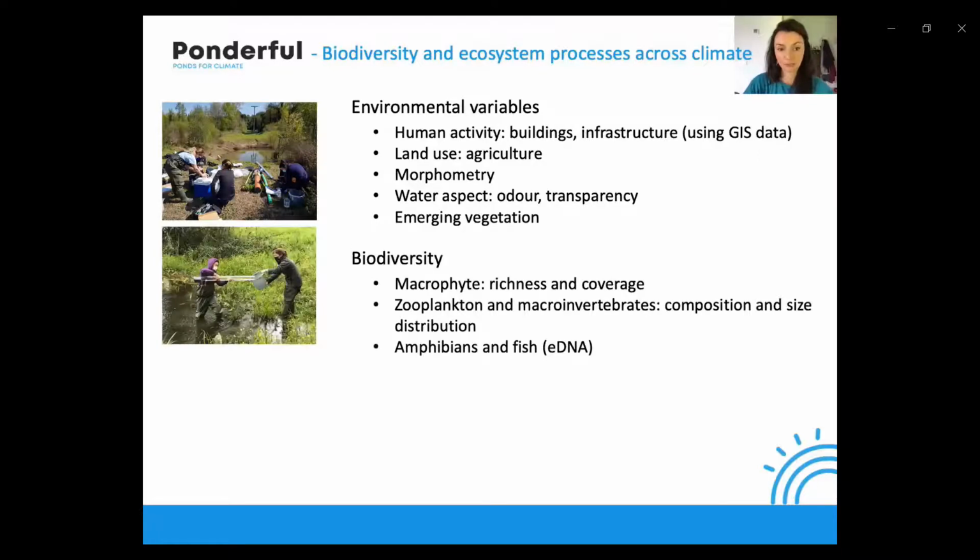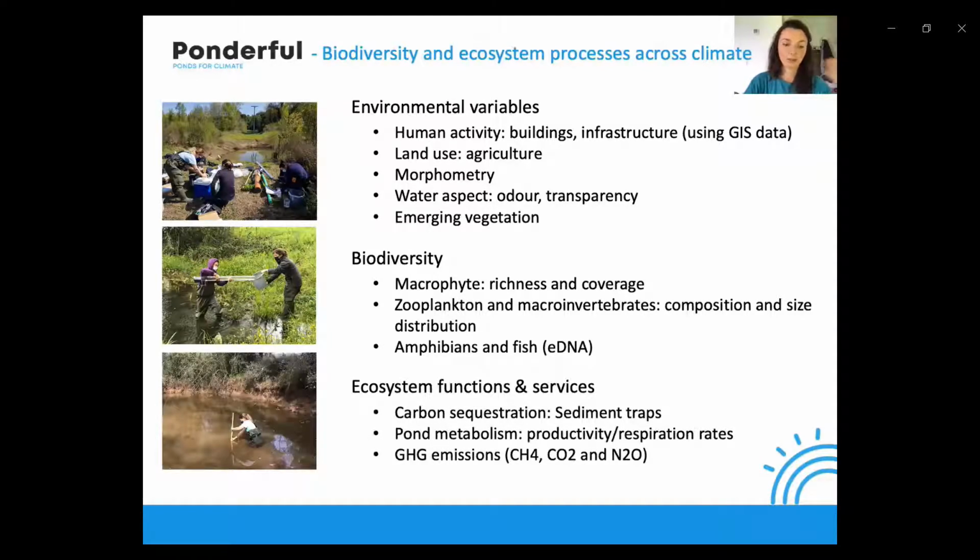Of course, we also quantify biodiversity, including macrophytes, plankton, and macroinvertebrates, which we quantify in the pond by collecting the individuals. We also check the composition and the site distribution, as well as the distribution of the different species in the different macrohabitats of the pond. And we also quantify amphibian and fish presence by environmental DNA.